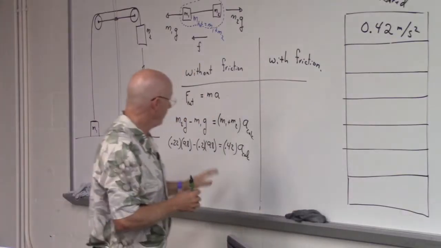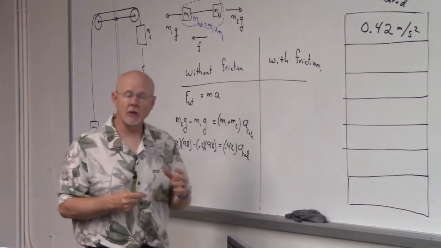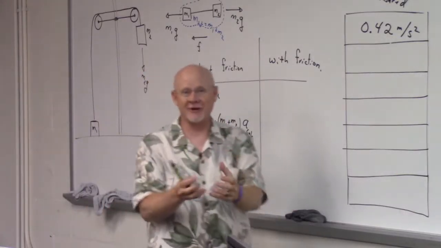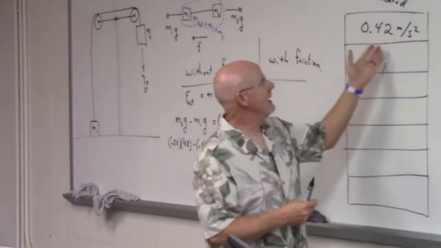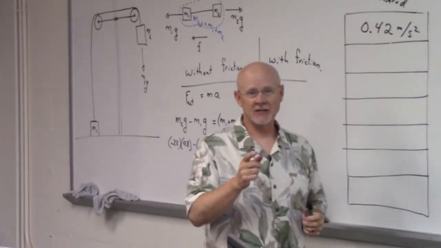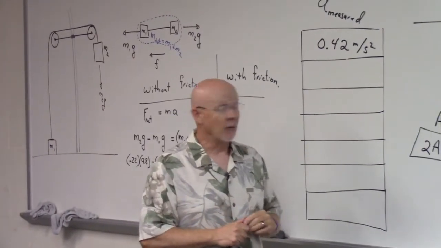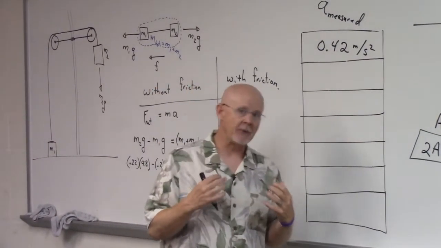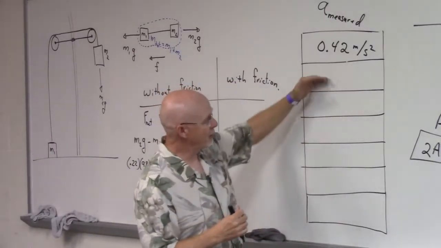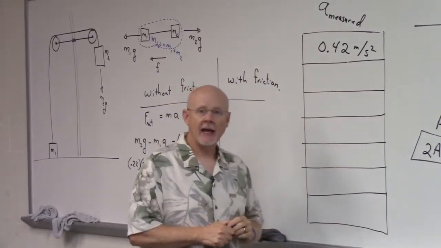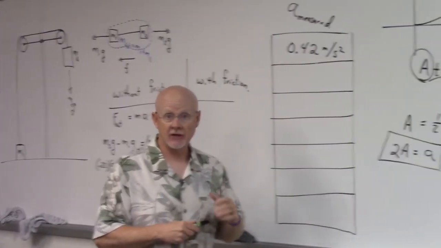So what we calculated was what the acceleration would have been without friction. What we actually measured is what it is with friction. All right, well, again, this is where I have to do my part of the lab. Let's go through these 7 and measure each of the accelerations.